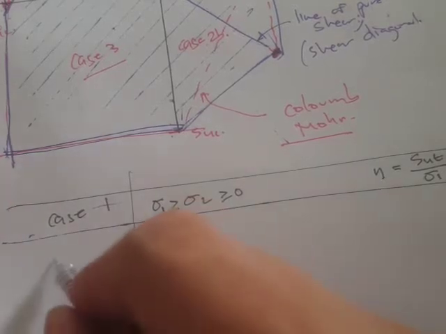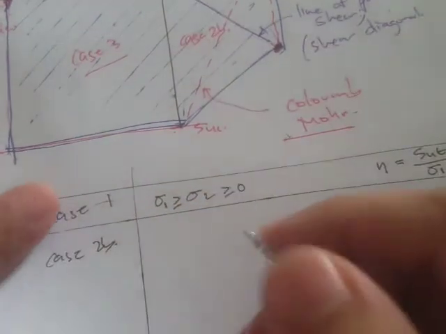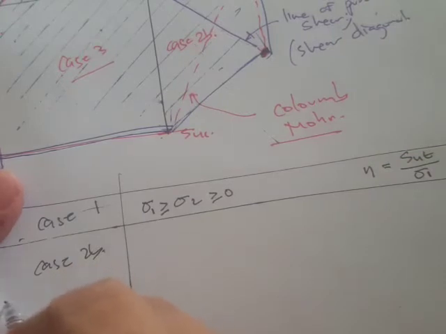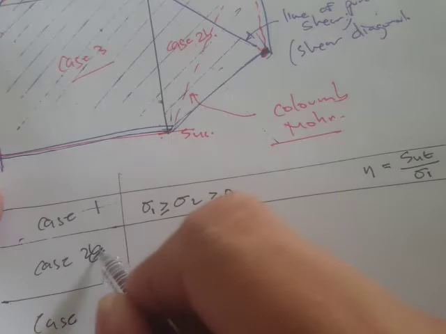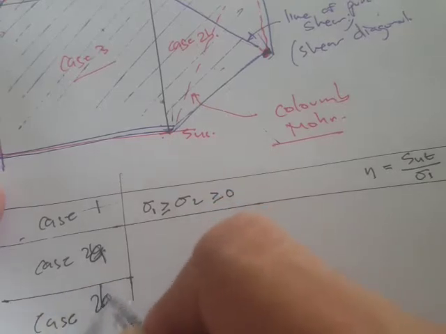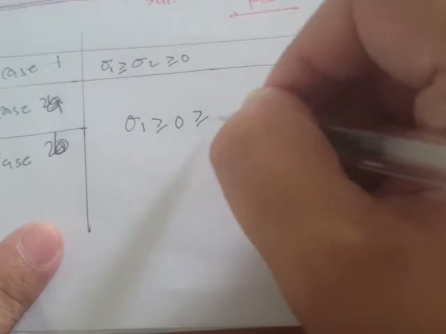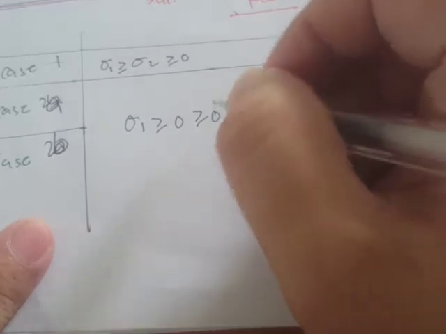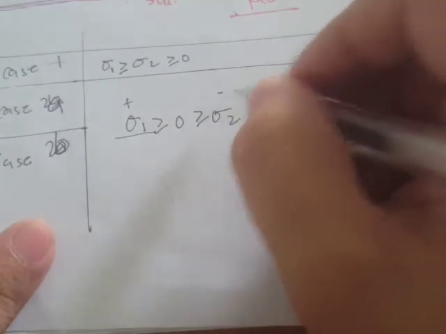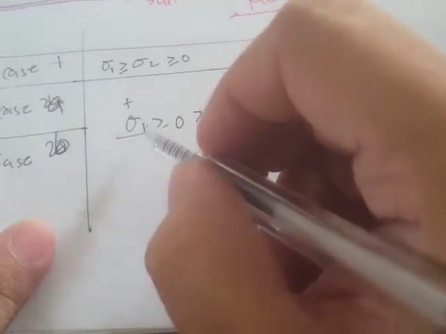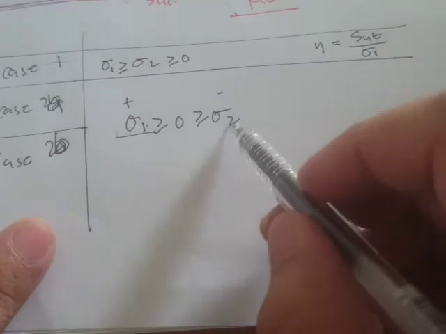For case 2, let's write also case 2a and case 2b. The condition for case 2 is sigma 1 is greater than or equal to 0, which is greater than or equal to sigma 2. So that means that one is positive and one is negative. One principal stress is in tension and the other one is in compression.